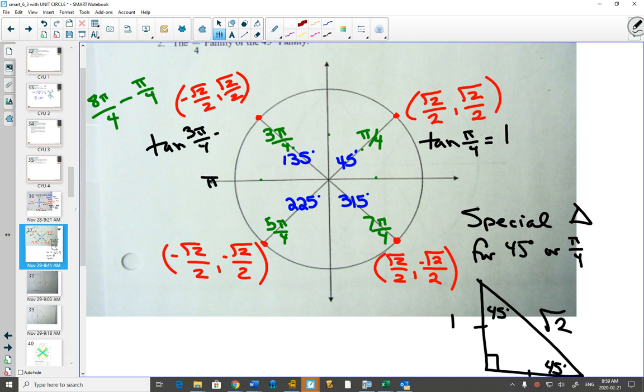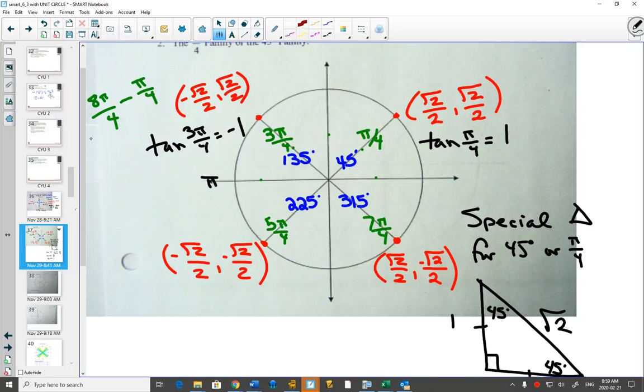And because you have the same reference angle, tan of 3 pi over 4 will also equal 1, but this time it's negative, because if you did sine divided by cos, 1 is positive, 1 is negative. Or you could just think of the CAST rule. The CAST rule says in quadrant 2, only sine is positive. But the CAST rule you just memorized, with the unit circle, everything makes sense.